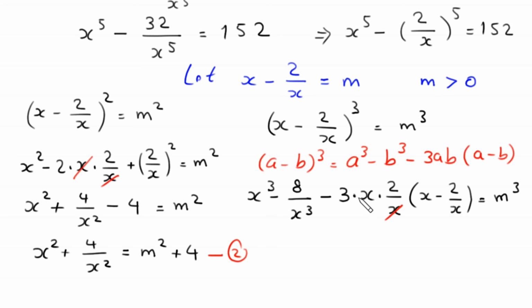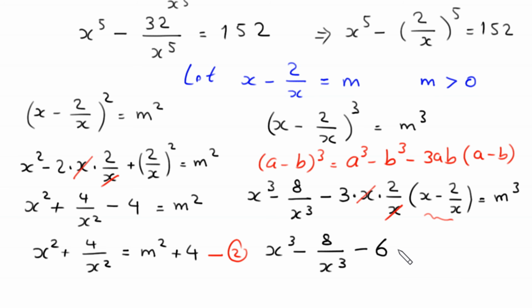Now this x will be cancelled out with this x, and this will become x cubed minus 8 over x cubed minus 3 times 2, negative 6, and in place of this x minus 2 over x we replace this value m.